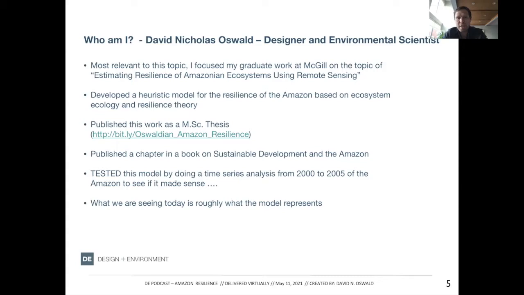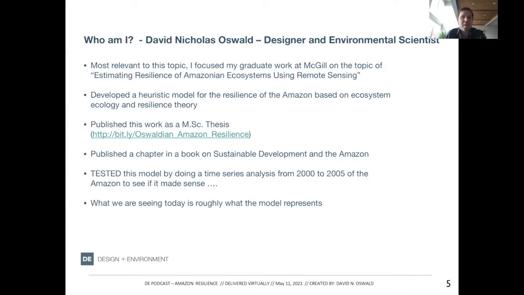So in this case, this model that I developed, which is more of a heuristic model, was put to the test between 2000 and 2005 using data to see if it actually made sense. But then also it's been put to the test over time, because it's been more than 15 years since this work was done, to see if any of the patterns that were picked up in this integrated biospheric analysis reoccurred.